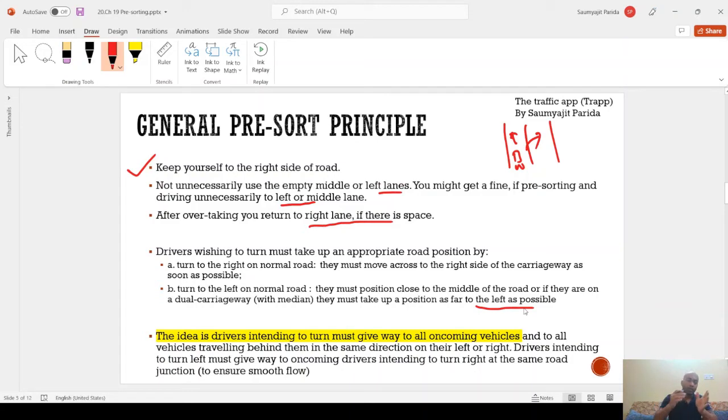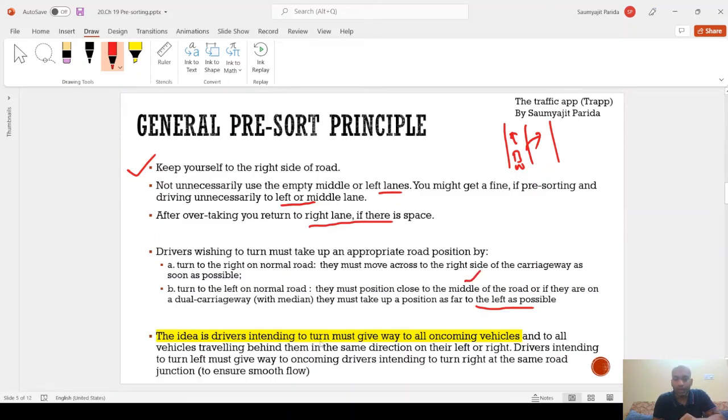So when I am turning left, if it is a single lane road, then I should position close to the middle of the road. If it is a dual carriageway with a median, then I must take up the position as far to the left as possible. Even if it is a two-way but single road, then I must position to the middle of the road.